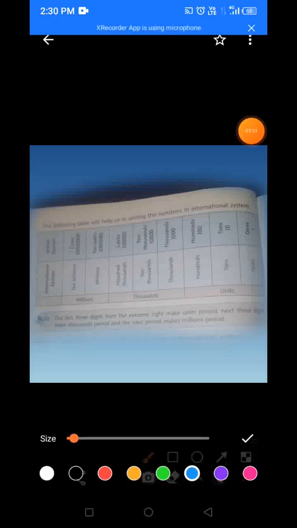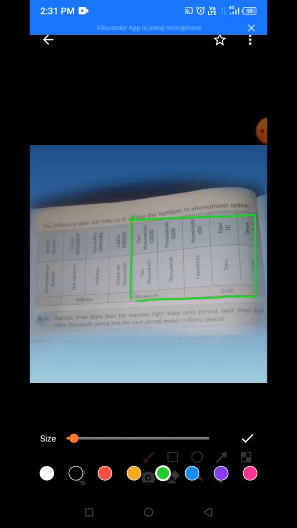Now look here. This is the chart you will draw in your notebook. The Indian system and the international system, where you have ones, then tens, same tens, 100, you have 100, 1,000, again you have 1,000. Up to 10,000 it is similar. If you look here carefully, up to 10,000 it is the same.